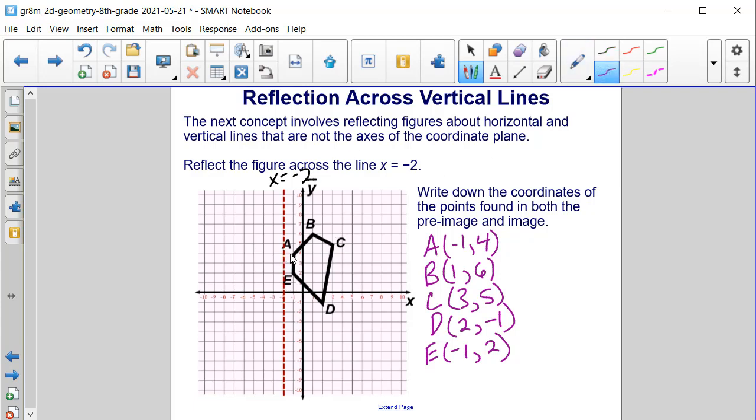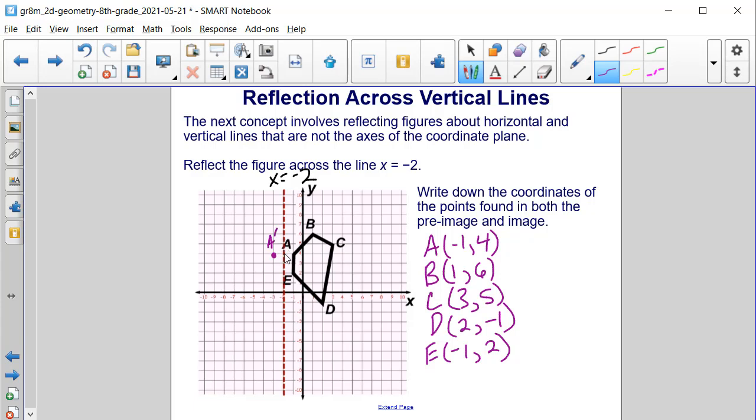So we're going to use the same strategies that we've been using this whole time, counting the number of spaces required to get from each point to the line of reflection, and then counting that same number on the other side.